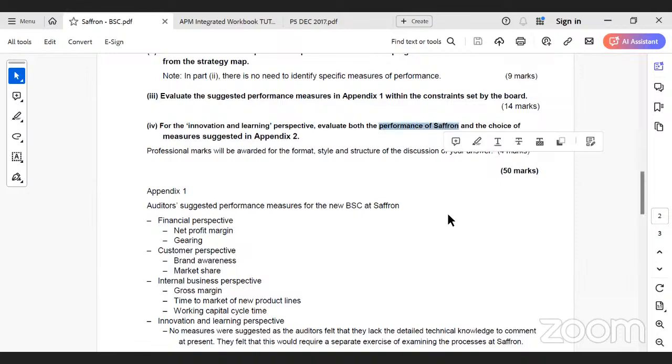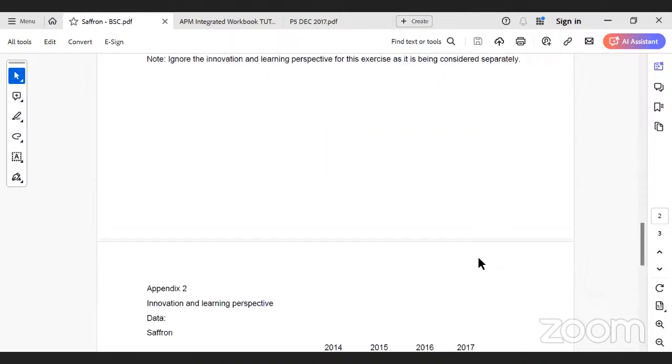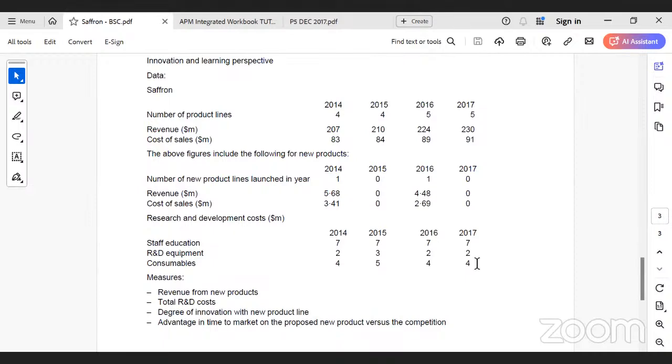Evaluate performance of Saffron and the choice of measures. So you have 2 parts. It says to evaluate the current performance. No, it says evaluate the current performance and the choice of measures. Yeah. So you need to do both parts.